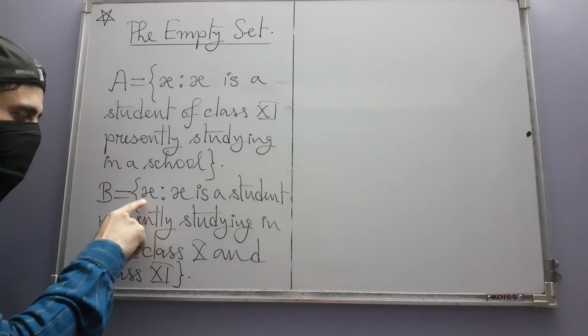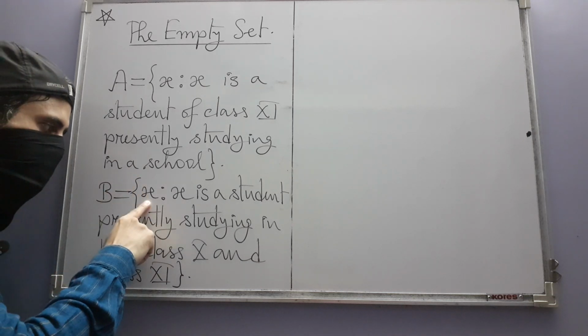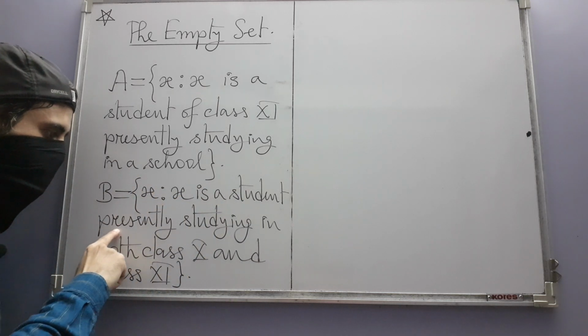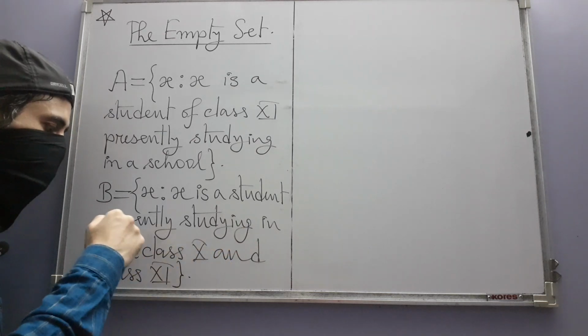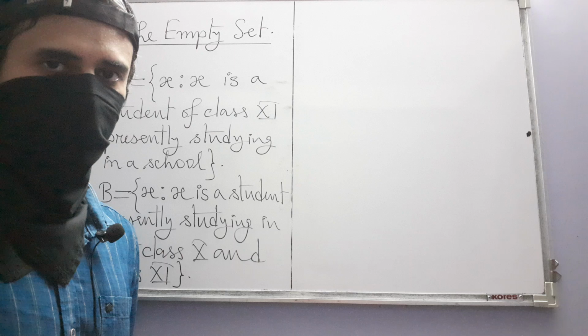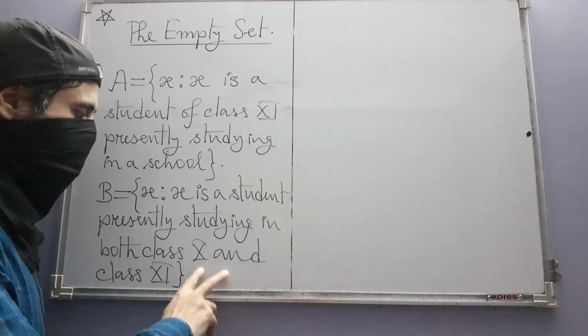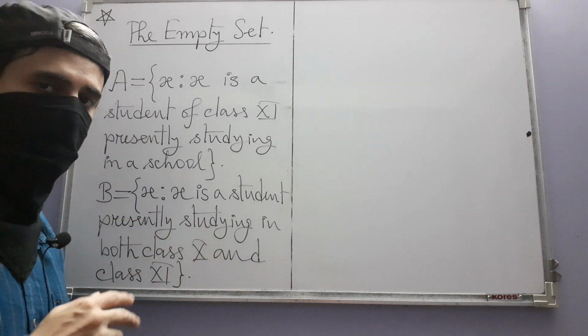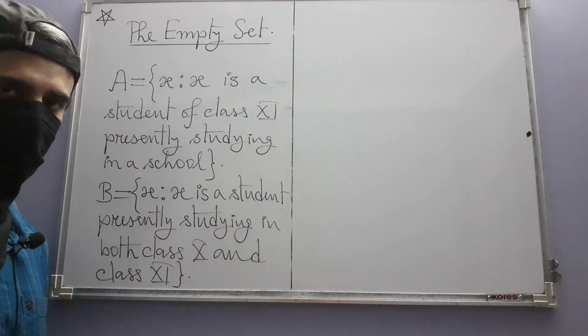Let us see what B is. B is the set of all elements X such that X is a student presently studying in both class 10 and 11. This, however, cannot happen. In no school will you encounter students studying simultaneously in both the classes.